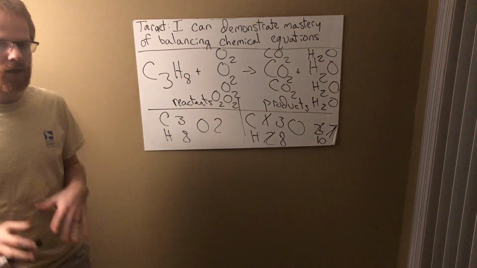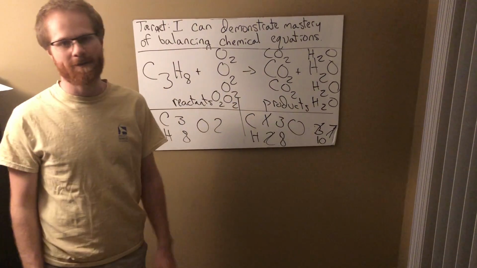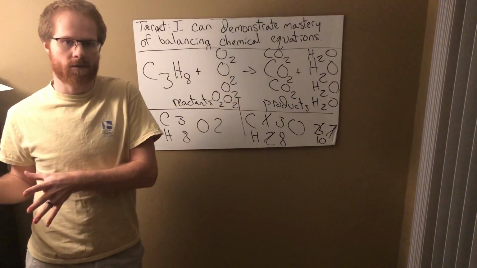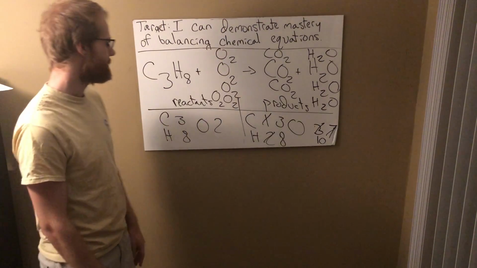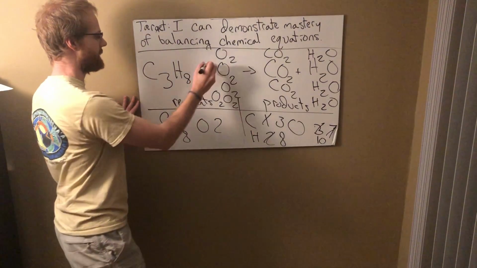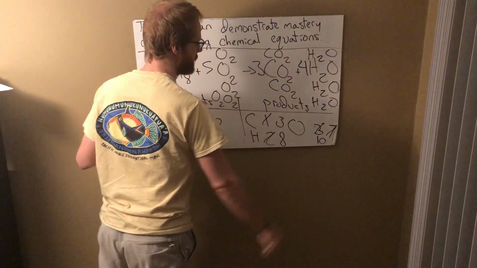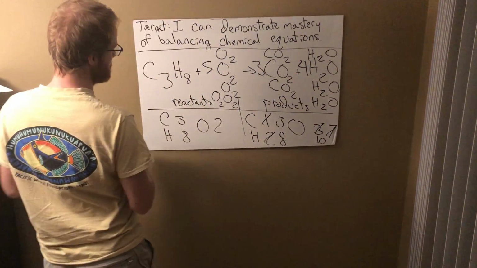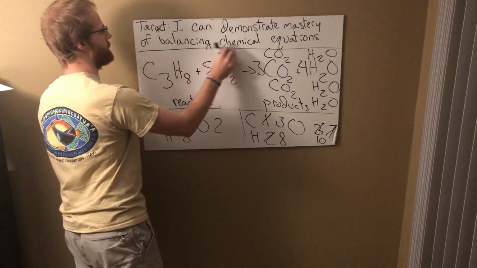You'll notice that I did the oxygen last. That's because oxygen is in multiple places, and so it's easier to balance the rest of the equation and then balance oxygen. All right, let's add in our coefficients. We've got 5 O2, we've got 3 CO2, and we've got 4 H2O. We're going to erase these little extra ones just so that it looks nice and so that we can see it.